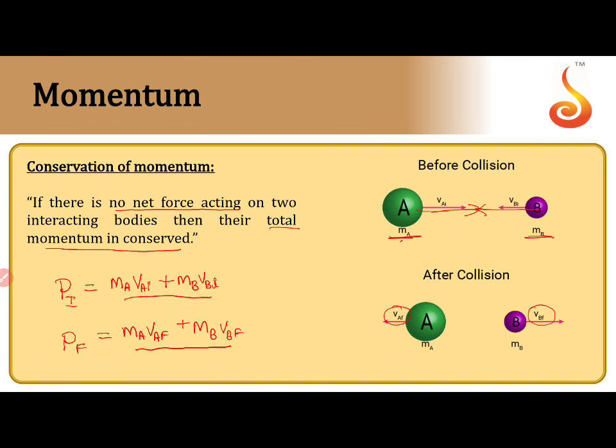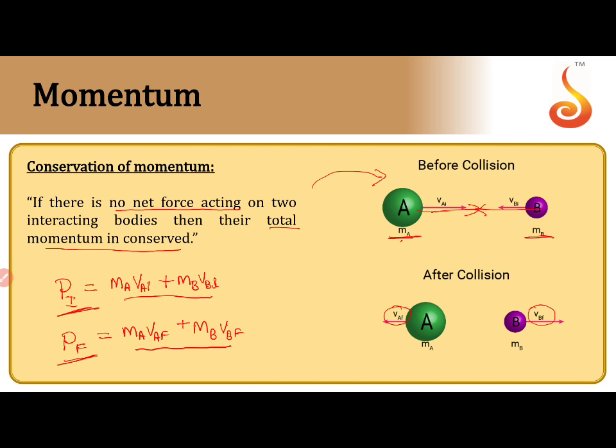This is the total momentum before collision. You observe in this case, there was no force from an external source. They are colliding, they are experiencing the force only between them. There is no external agency which is exerting the force. Then in that case, the initial momentum will be equal to the final momentum.